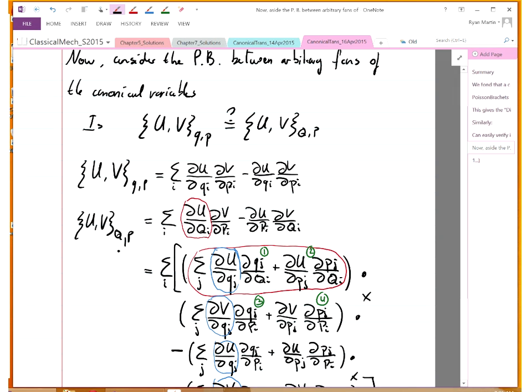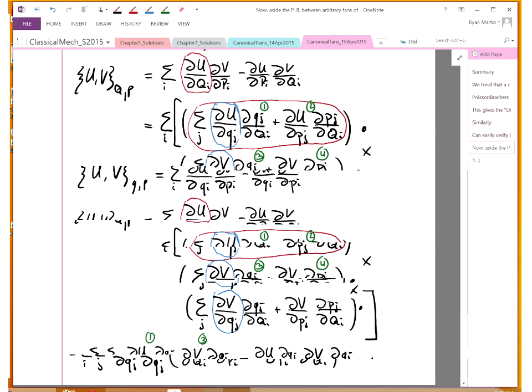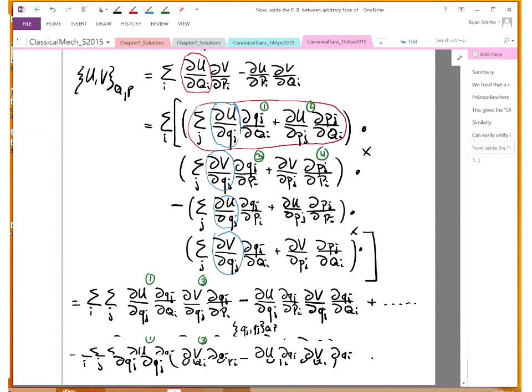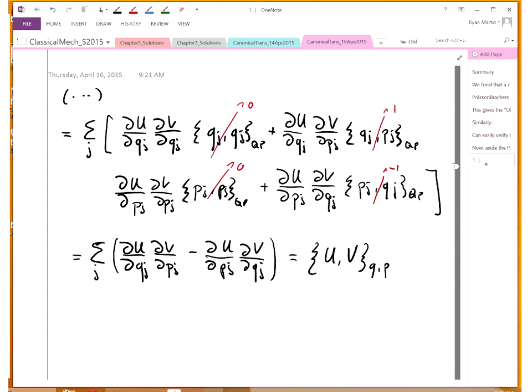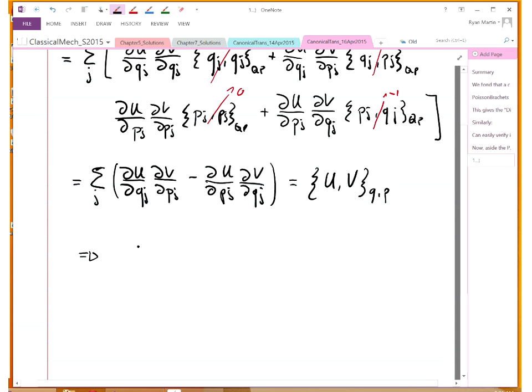But what did we start with? All the way back to the top, what we started with was u and v evaluated in the capital Q's and the capital P's. And we showed rigorously, we were just lazy to write out all the terms, but if it works for one of the terms, it works for all the terms. Eventually, we showed that that was the same as the Poisson bracket evaluated in the lowercase coordinates.